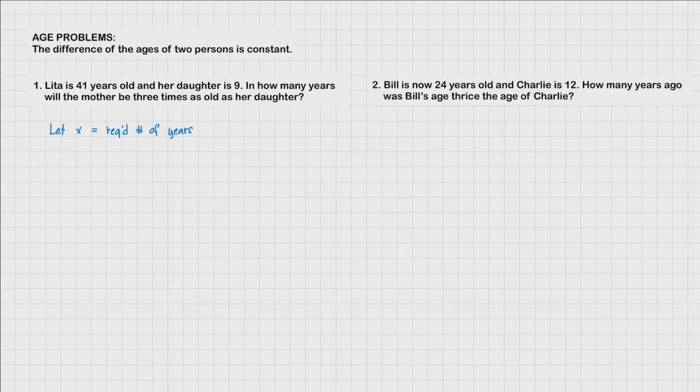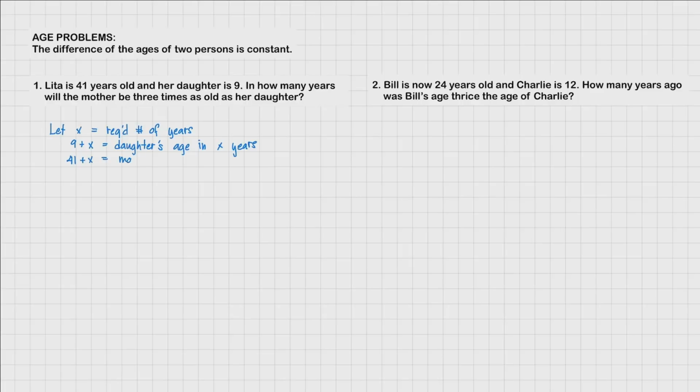And then from the problem itself, the age of the daughter in x years would be 9 plus x. And then for the mother's age, it would be 41 plus x.